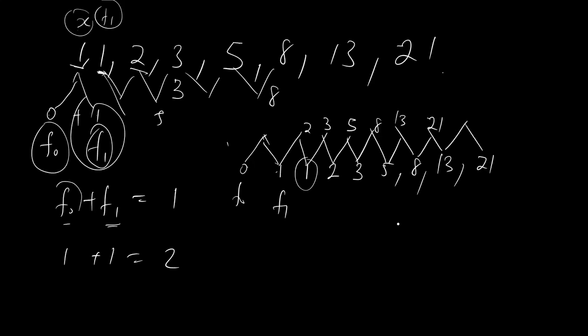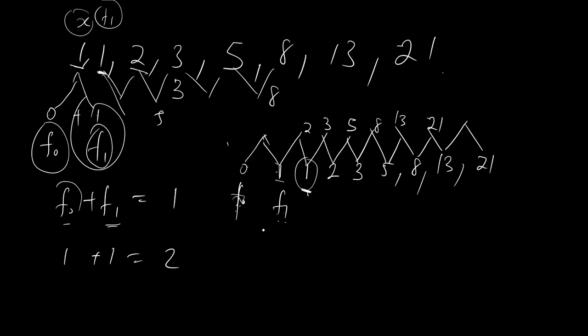If you add this and this, so the whole thing is this plus this. This plus this is 1. That means we have gotten this value here. And this value here, when you check, if you add this and this, you have this. Now if you add this and this, you get 1 here.